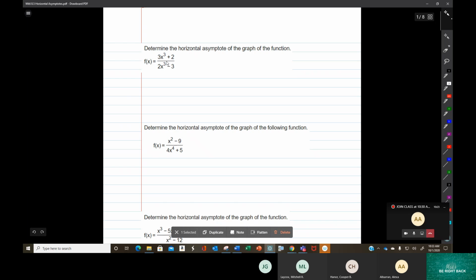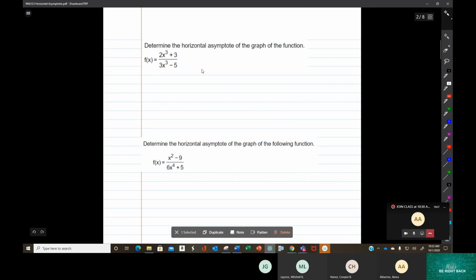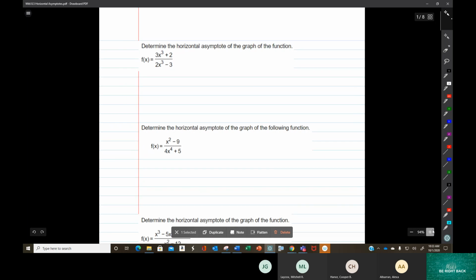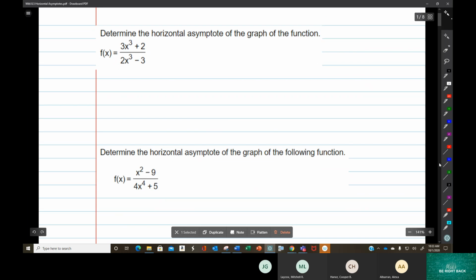Here are some rational functions, 1, 2, 3, 4, 5. And as part of learning to analyze them, what we're going to do first is find the other kind of asymptote. We worked on vertical asymptotes yesterday.